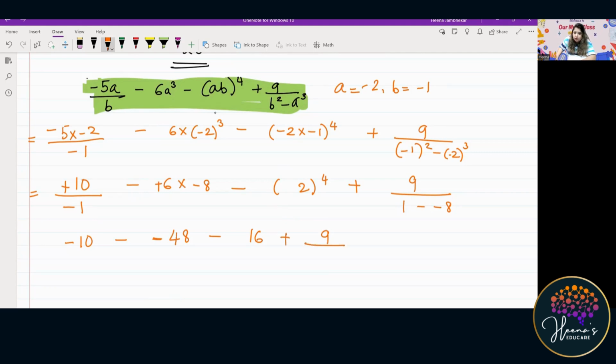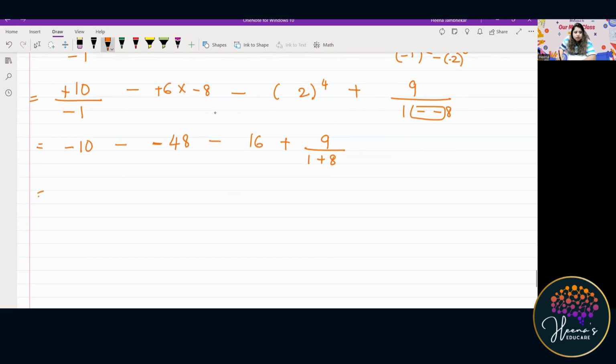Plus 9 upon 1, minus and minus gives you plus 8. You have -10 plus 48 minus 16 plus 9 upon 9. 9 ones are 9. -10 plus 48 minus 16 plus 1.